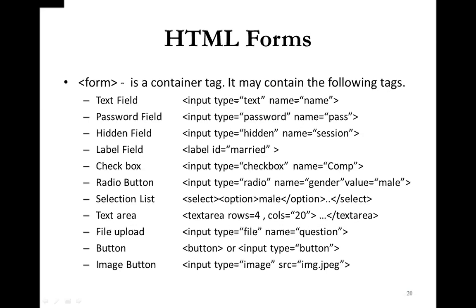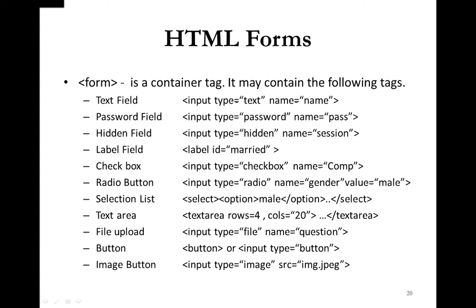Forms are very important in HTML. In fact, the form tag helps you in accepting user data by creating a form in a web page. Okay, the form tag is actually a container tag where you are going to use different control tags which help you gather information from users.